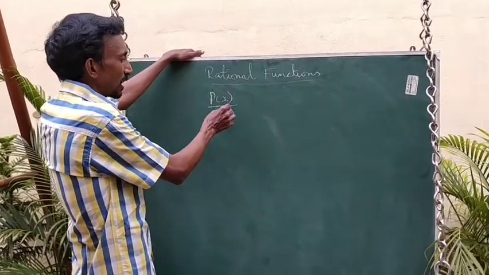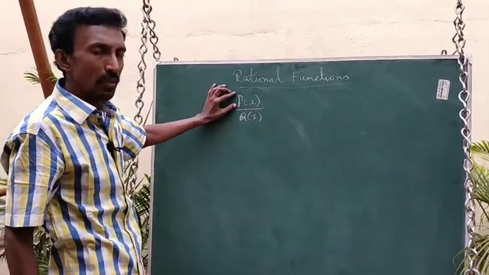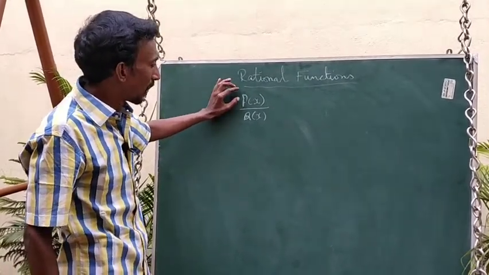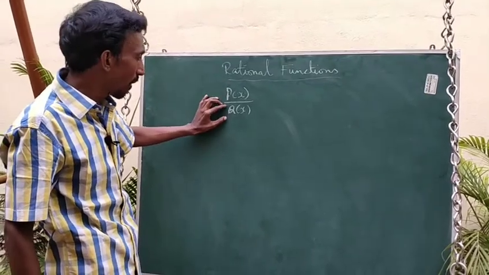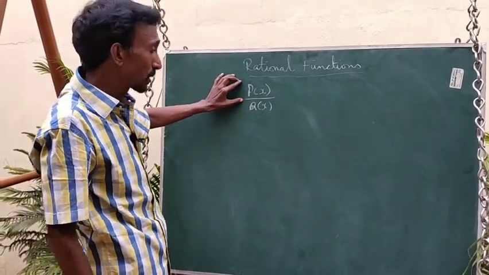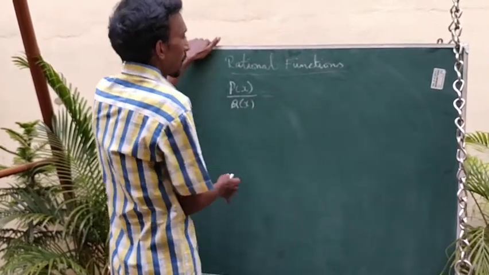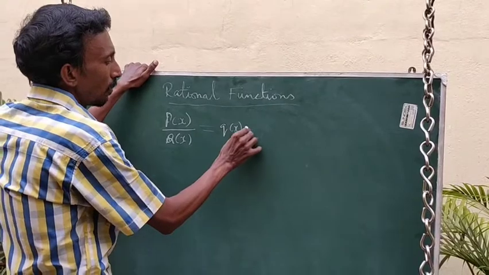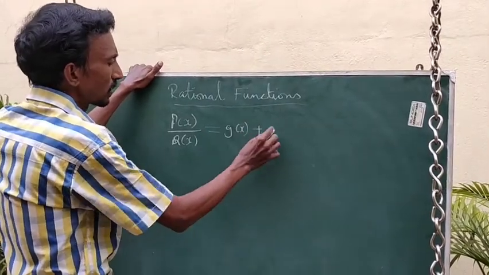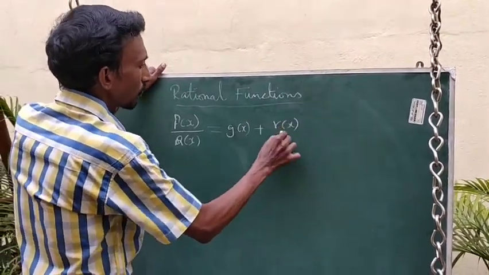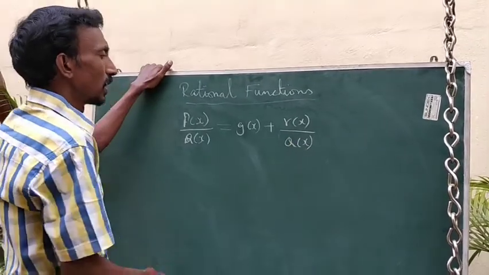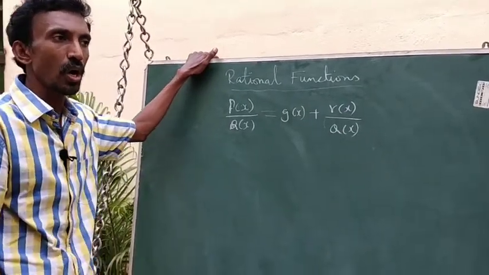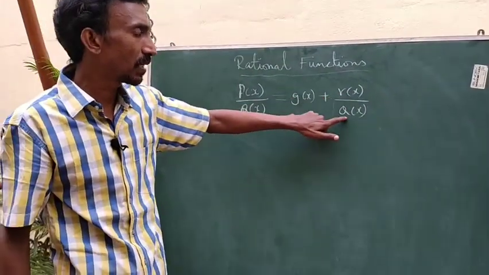Look at the denominator: if the degree of the numerator is equal to or greater than the denominator, then the rational expression can be expressed as some g of x plus r of x by q of x. So this is the quotient and remainder. This r of x may be 0 or its degree is less than that of q of x.